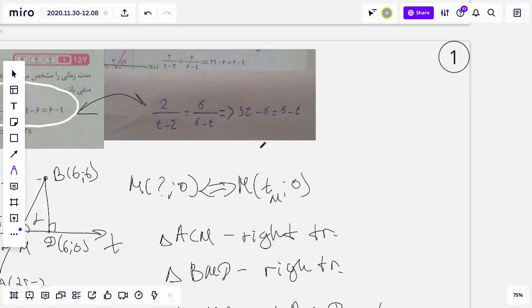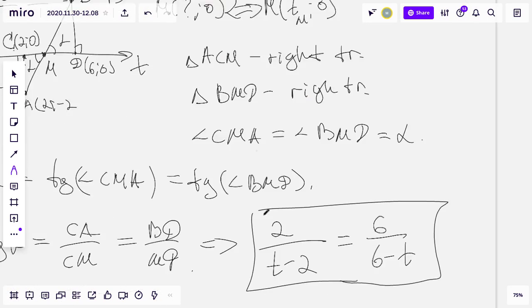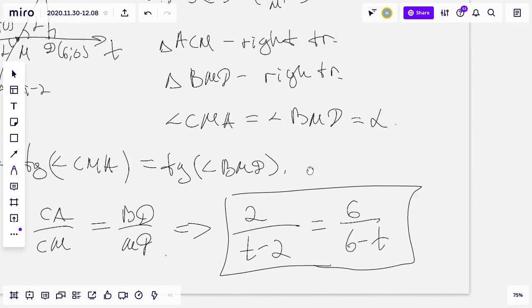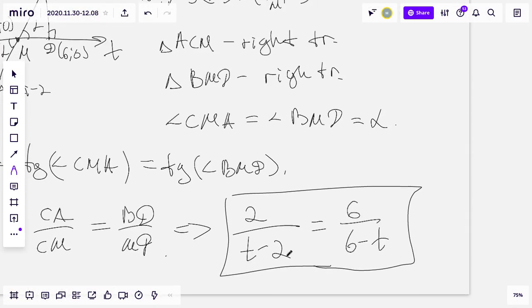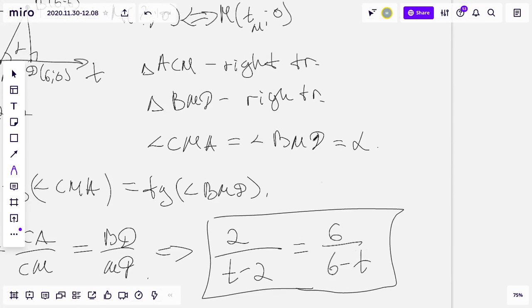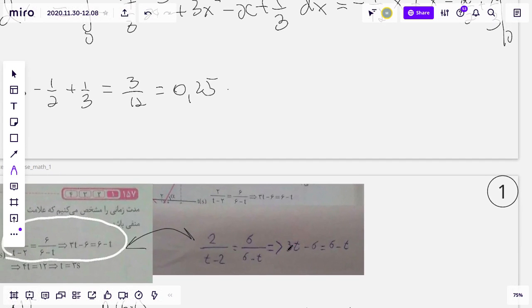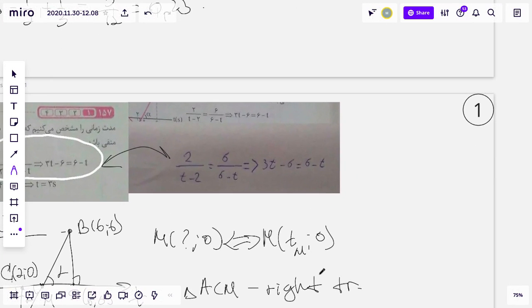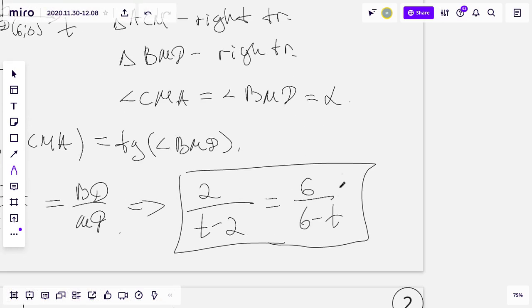Look at it and we see it is rather similar. We can transfer this term to the right side, multiply this sum by the coefficient 3, and get an absolute equality: 3 multiplied by (t minus 2) equals 6 minus t.